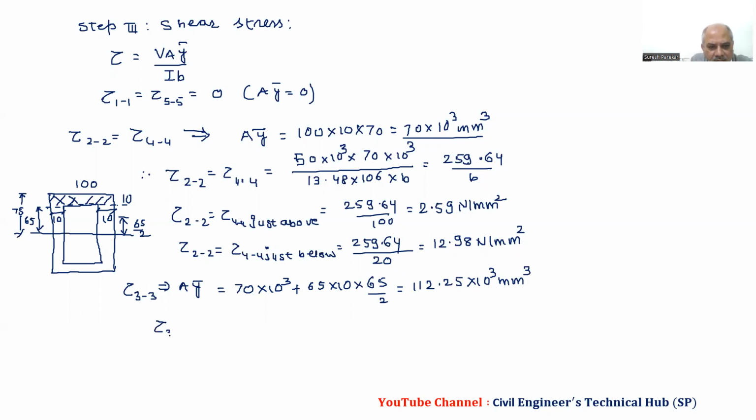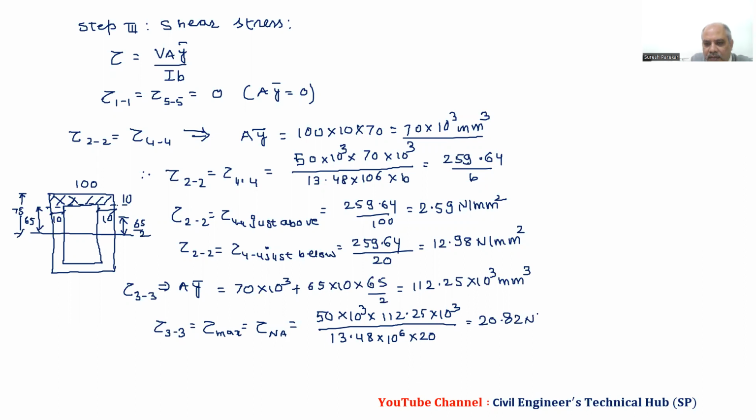Then tau 3-3, which will be tau max, is at the neutral axis. We have 50 into 10 raised to 3, into 112.25 into 10 raised to 3, upon I, 13.48 into 10 raised to 6, and B is 20, so we get 20.82 Newton per mm square. Then we will plot the shear stress diagram.